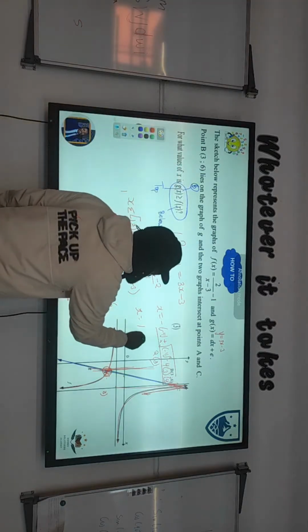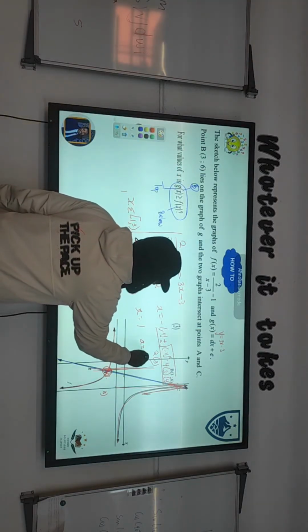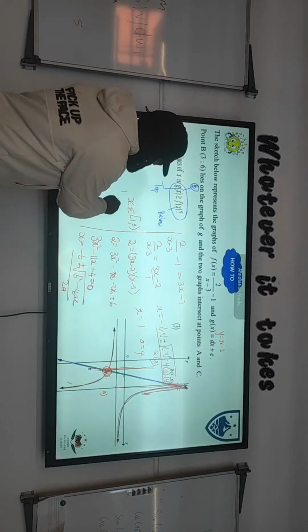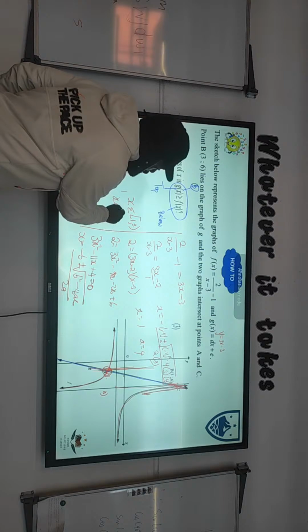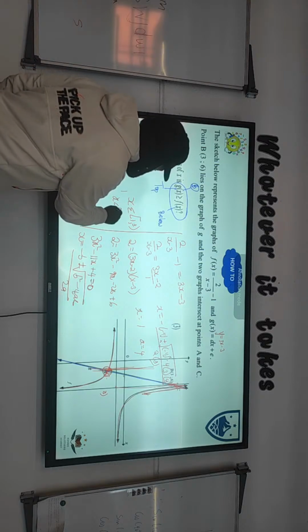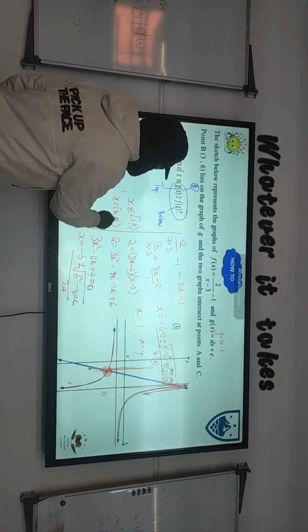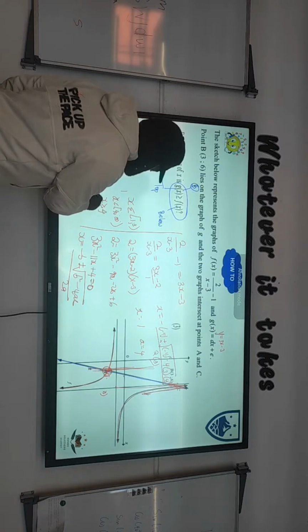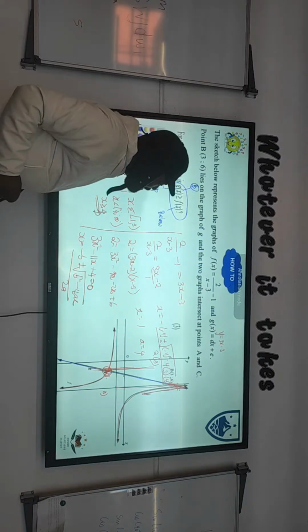Probably, let's say for argument's sake, it was 4. So your other solution will be x is an element of from 4, because they are equal there, until it goes to infinity. We can say x is greater than or equal to 4.